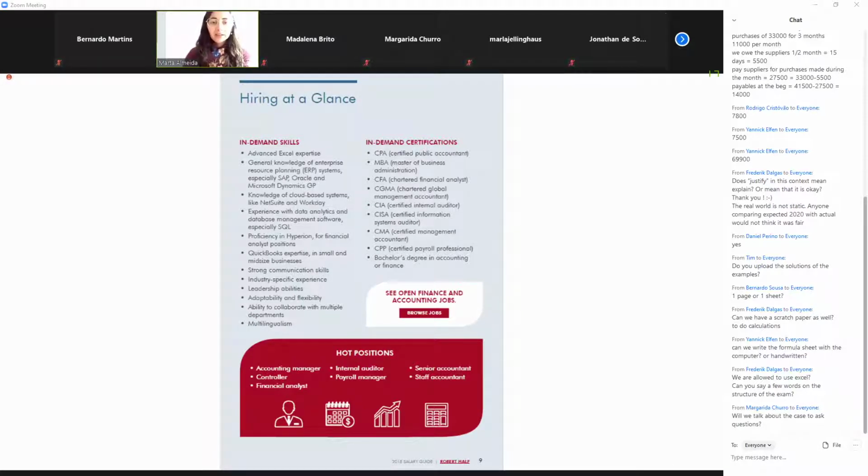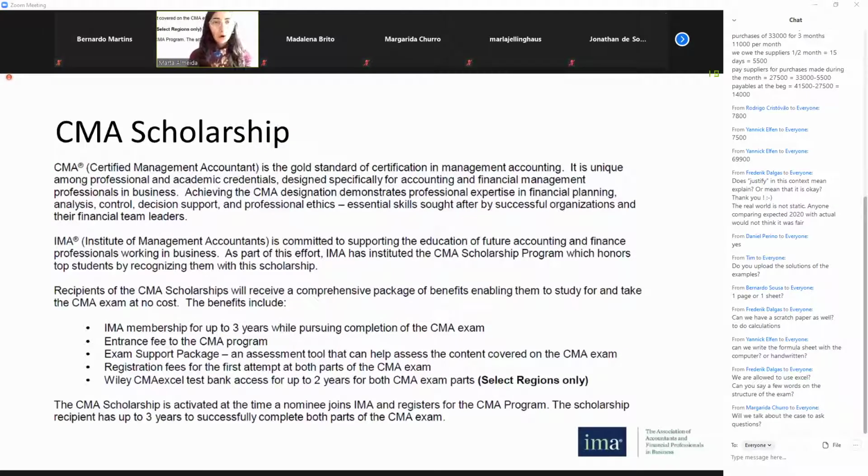And then we have there the certifications that they ask for. As you see, one of the certifications is actually the Certified Management Accountant. And as I told you, we have this CMA scholarship. So if you would like to have a career in the finance department, and you want to stand out from the crowd, so to say, if you want to go the extra mile, I would advise you to apply for the CMA scholarship.